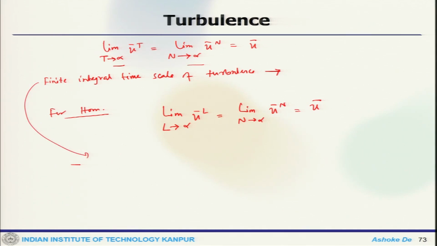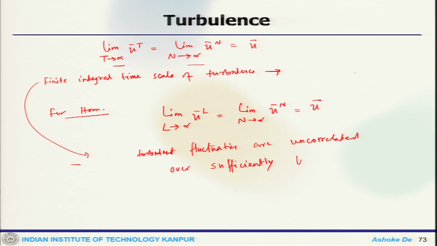So, in one case the fluctuations are uncorrelated over sufficiently long time, and in the homogeneous case the turbulent fluctuations are uncorrelated over sufficiently long distance.